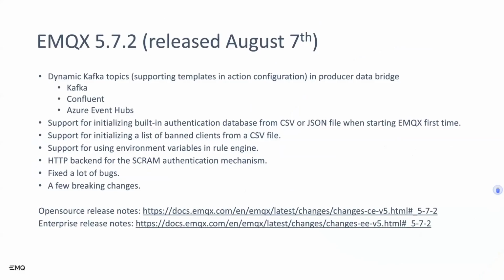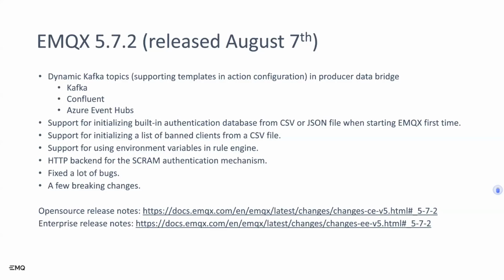So we recently released version 5.7.2. It was a patch release in the 5.7 family. The highlights: dynamic Kafka topics feature. In a nutshell, you could use templates in Kafka topic when you configure an action.